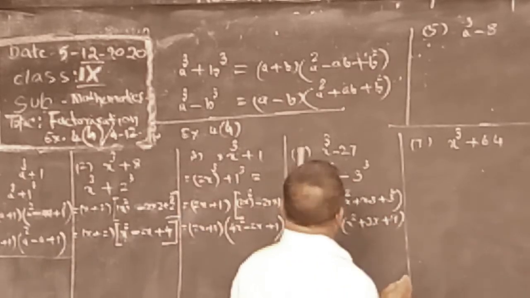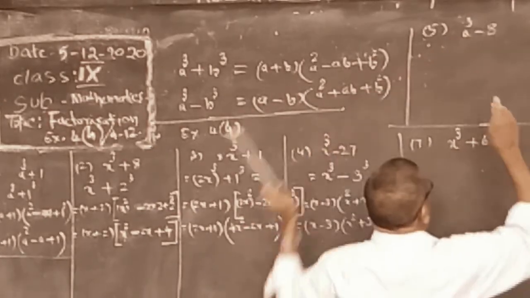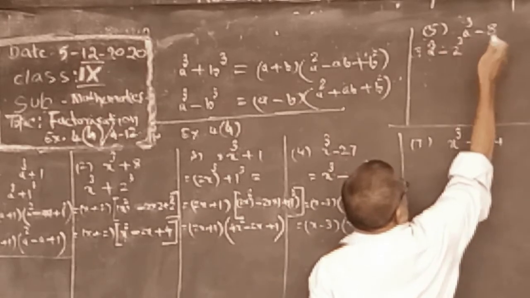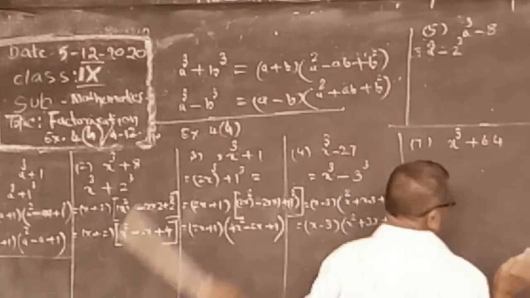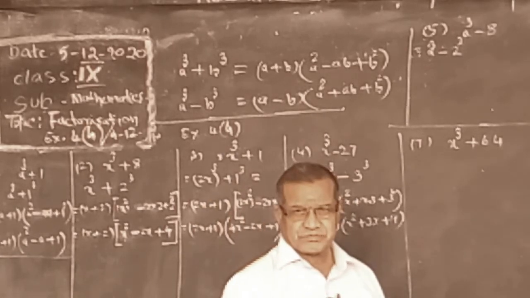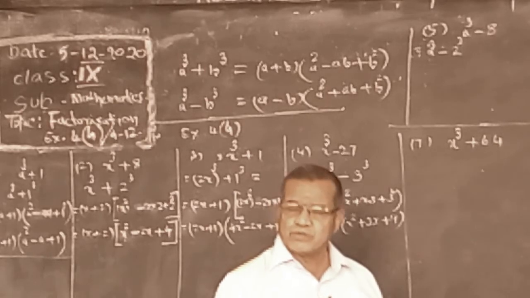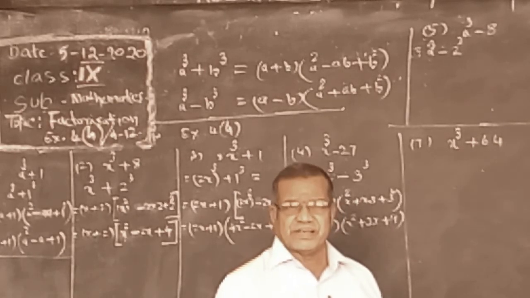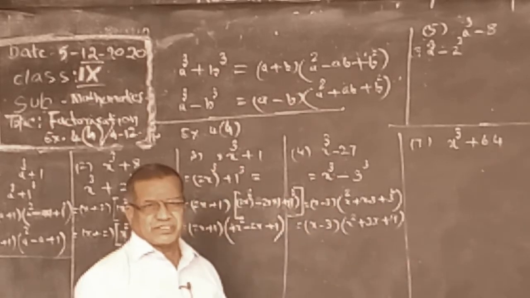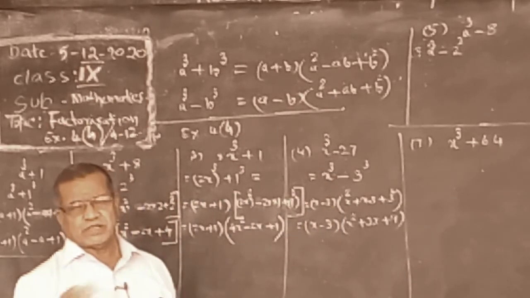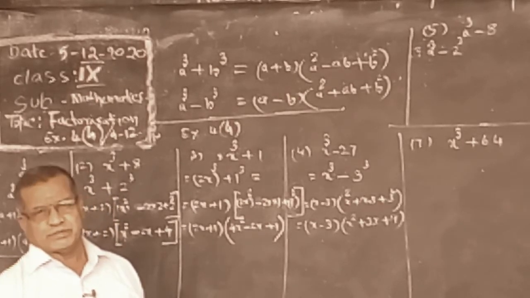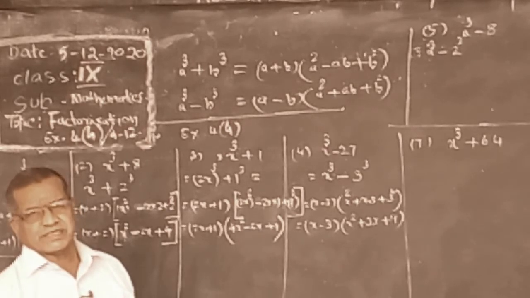Now fifth, a cube minus 2 cube. 8 can be written as 2 cube. 27, 3 cube. 64, 4 cube. 125, 5 cube. 216, 6 cube. 343, 7 cube. 512, 8 cube. 729, 9 cube. 1000, 10 cube.